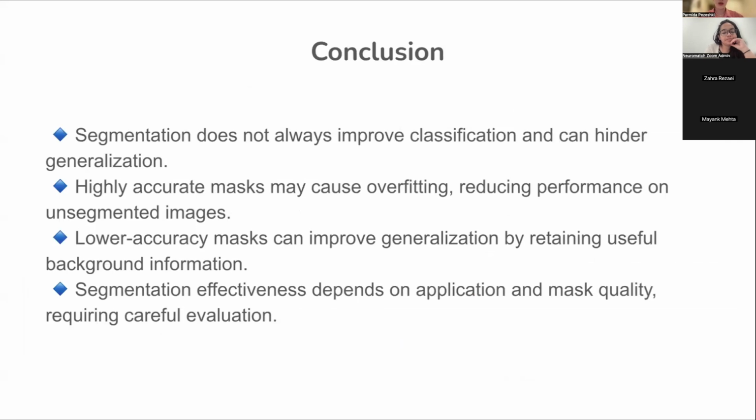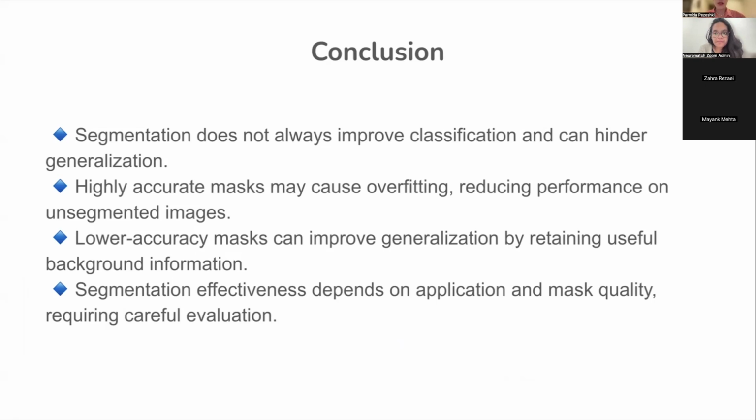So for our conclusion, we can say that segmentation does not always improve classification, and in some cases, it can also hinder generalization. When highly accurate masks are used, they may cause overfitting because they reduce the performance on tests on segmented images by omitting the background noise.